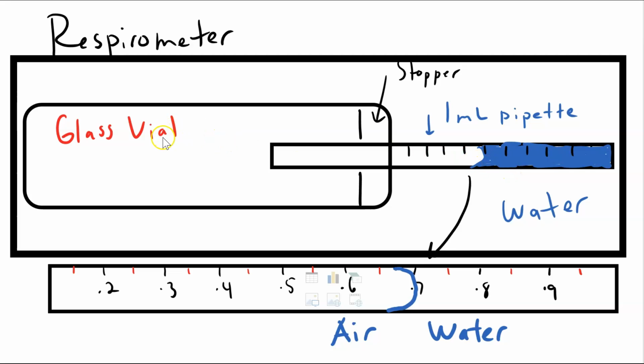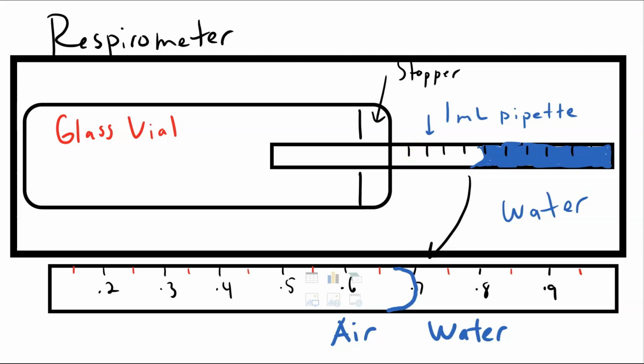We're going to set up this experiment such that whatever organism we're studying the respiration rates of will be in the glass vial, and as that organism performs respiration and consumes oxygen, the air bubble starts to recede into the respirometer, and we can measure the rate of respiration based on the change in that reading on the 1 ml pipette.